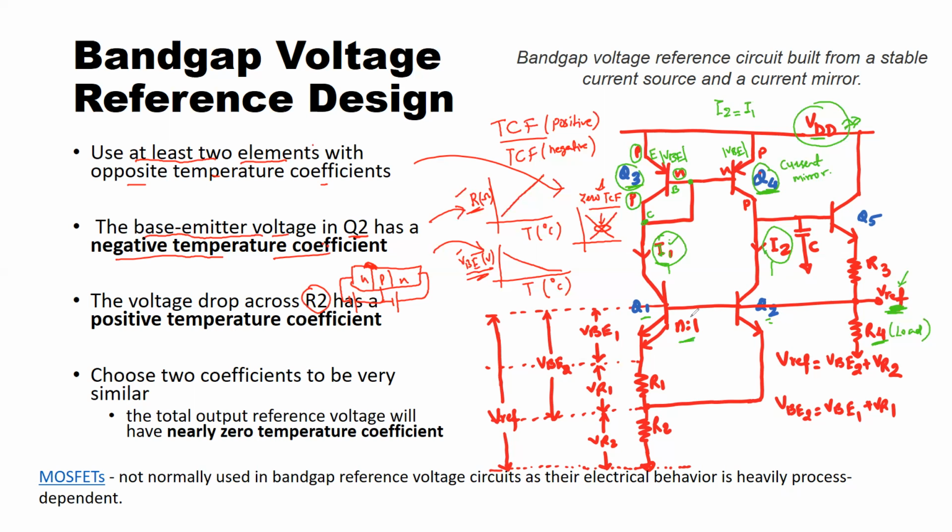Now look at this. Q1 and Q2 are my NPN transistors, where the pins are collector, base, and the emitter. Here also collector, base, and the emitter. Now I'm using the emitter area of the transistor Q1 n times larger than the emitter area of the transistor Q2.